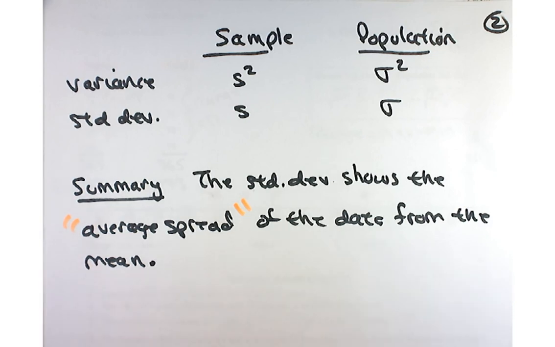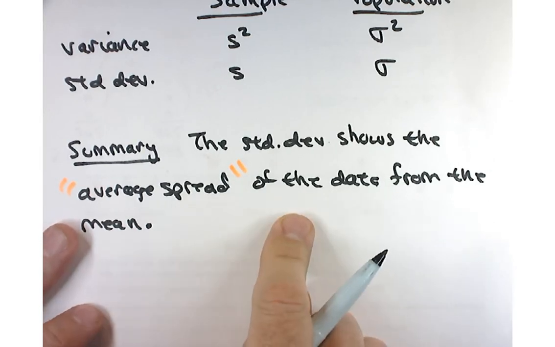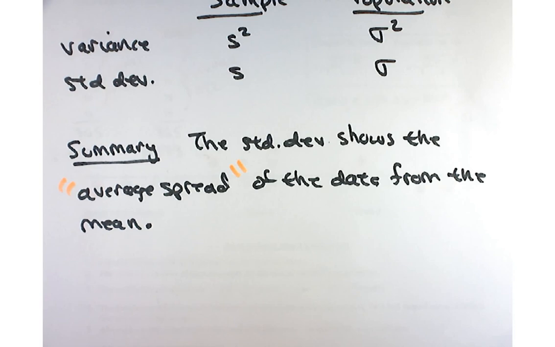What else could I add there? Its relation to variance. All right, it's related to the variance. Standard deviation is the square root of the variance. That's a good one. So, as far as helping your friend understand what standard deviation measures, what does it tell you? What could you say? The larger the standard deviation, the more spread out everything is. The smaller the standard deviation, the closer everything is.